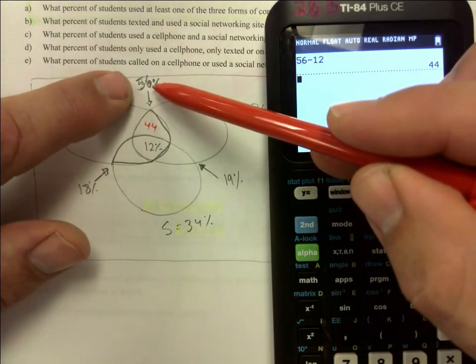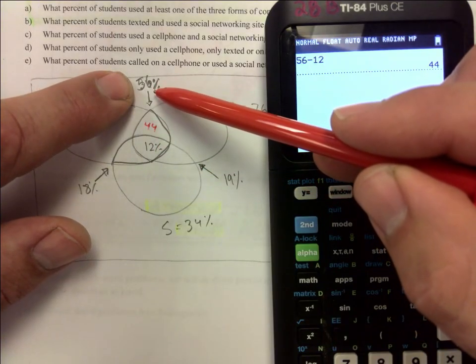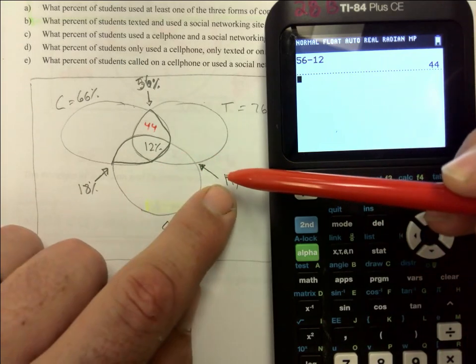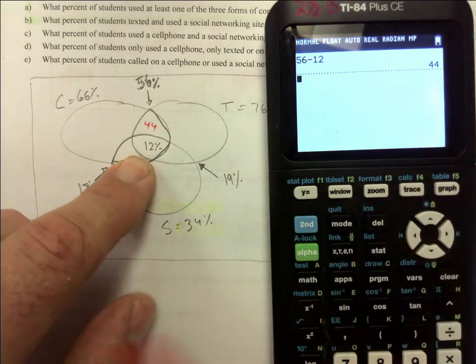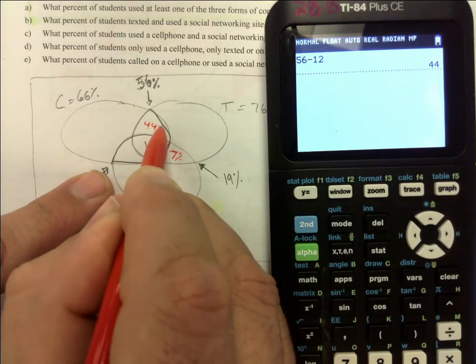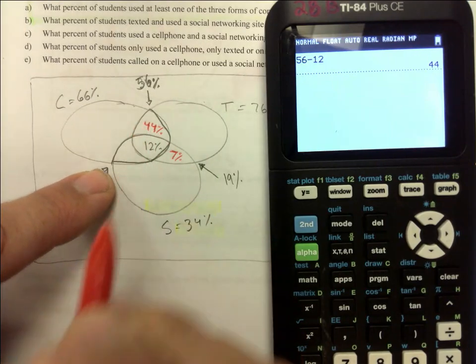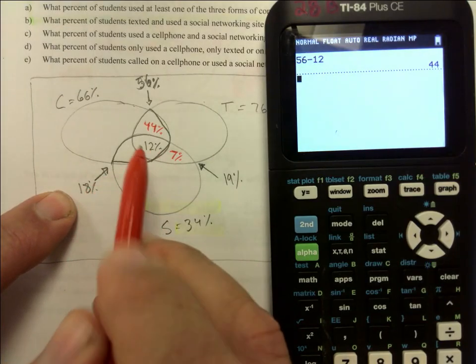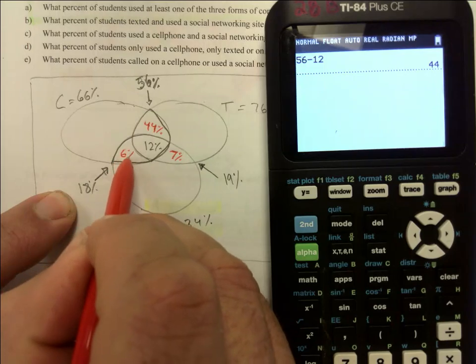These two should add up to that 56. Let's go over to this little petal here. So this would be 19 minus 12, that's 7%. Forgot the percent for the 44. And then you go over to this side, 18 minus 12, this is 6.